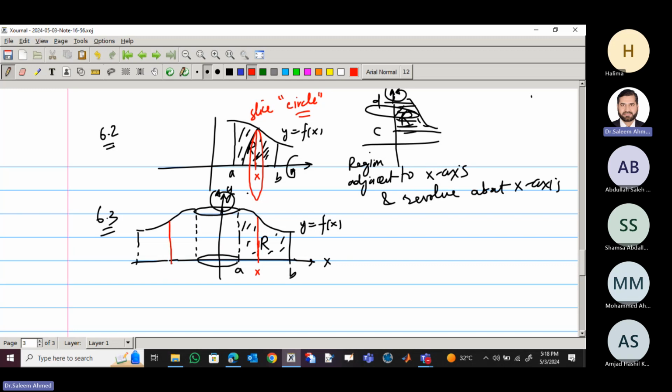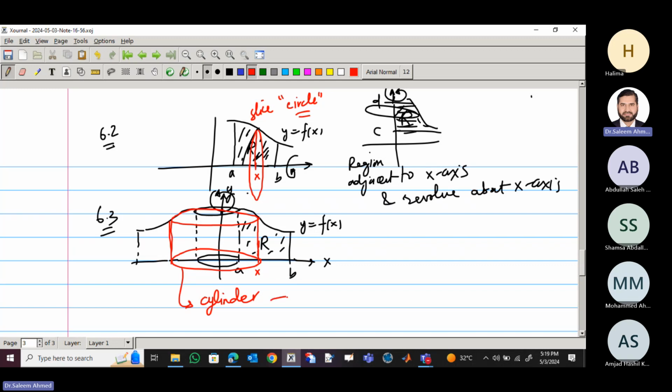This line is going to the opposite side here, and this red thing becomes a cylinder. It does not become a circle. You see here? So this red thing becomes a cylinder, right?